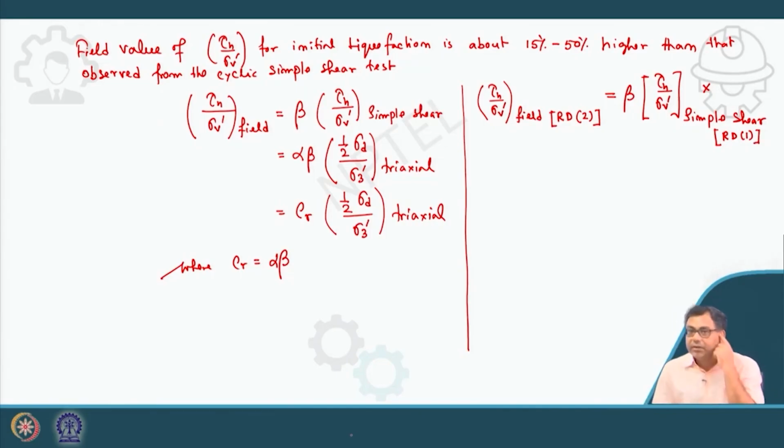Then the correction factor will be RD2 relative density divided by RD1.